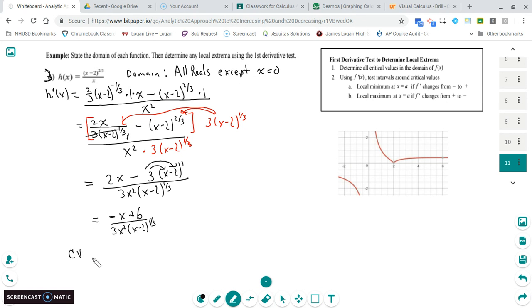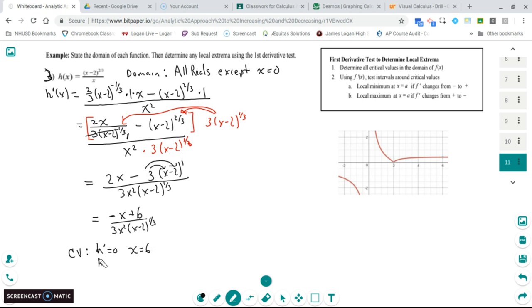All right, so first thing, critical values. So we have G prime, or excuse me, H prime equals 0. Well, that's the numerator value. So that's when x is going to be equal to 6. And H prime is undefined. That's the zeros of the denominator. So that's when x is equal to 0 and x is equal to 2.